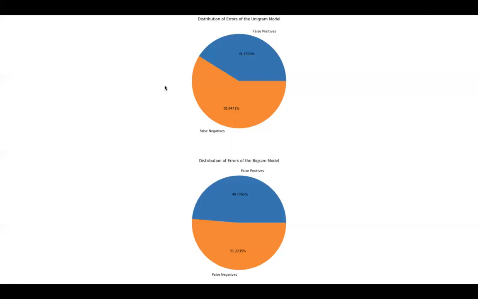Another thing would be incorporating higher degrees of n-grams, maybe trigrams and 4-grams, and maybe combining them into some sort of mixed model as well with the bigrams and unigrams. And yeah, I think this was a good, promising start.